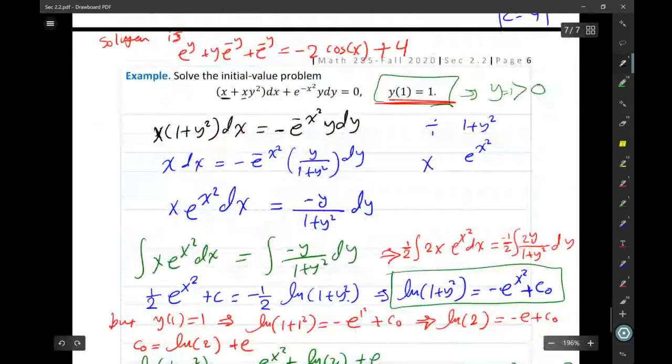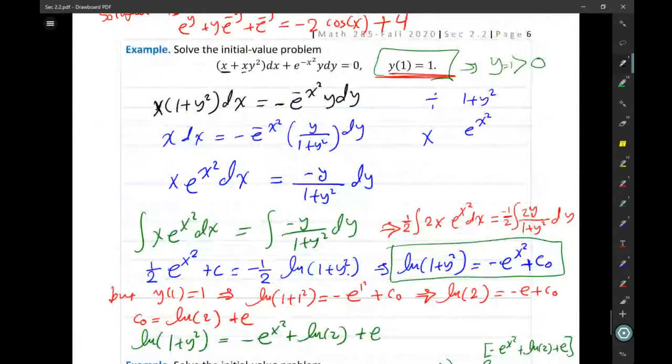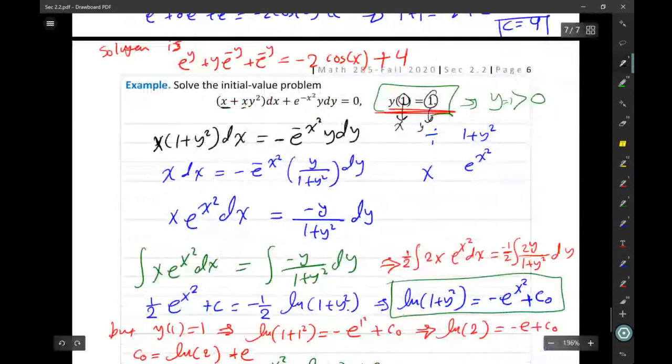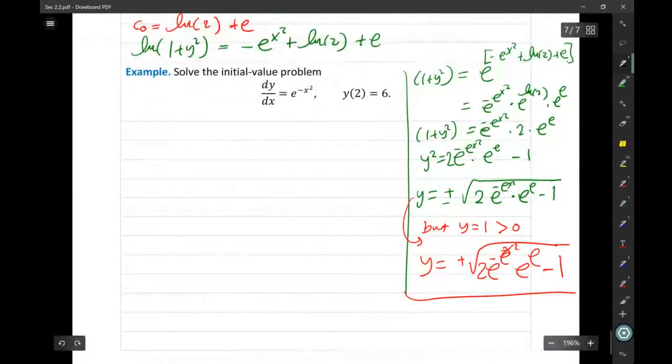When we say y of 1 is equal to 1, that means this is the value of x and this is the value of y.